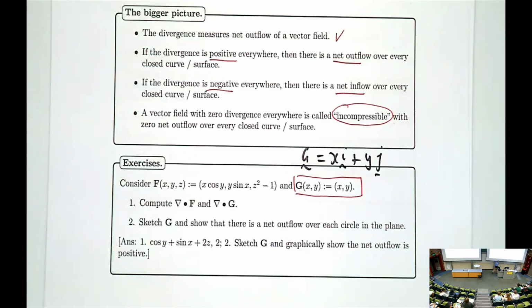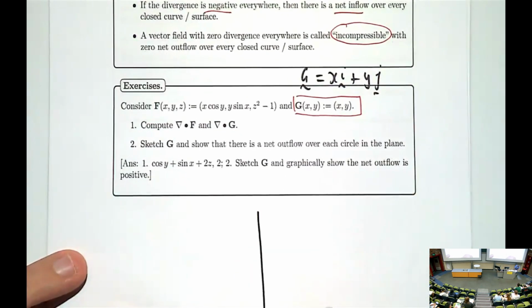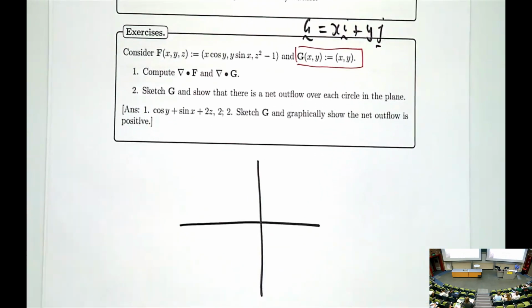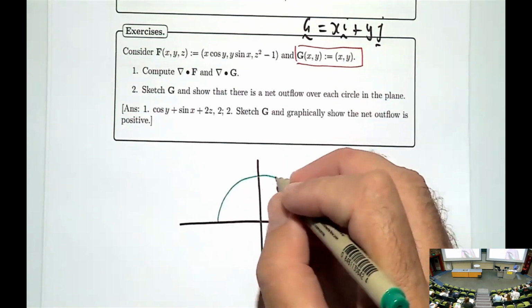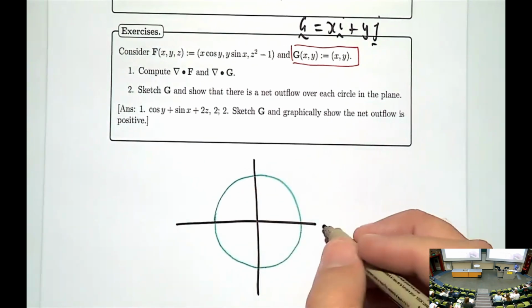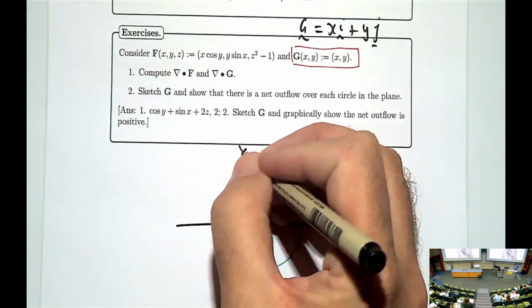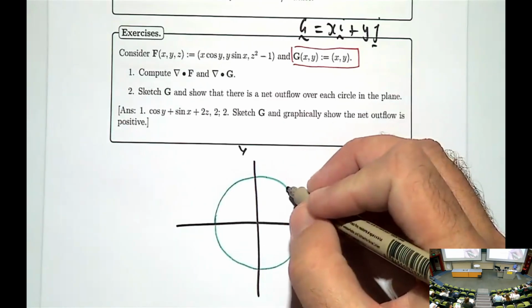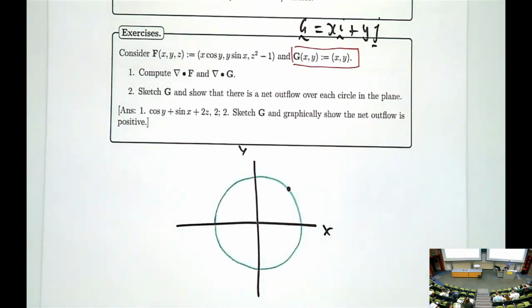Let me just show you a little bit about the second part. I'm just going to draw a circle this time. I'll forget about rectangles and squares. So this is the x-axis, this is the y-axis. If I'm here, where x equals y, let's just say it's the unit circle.